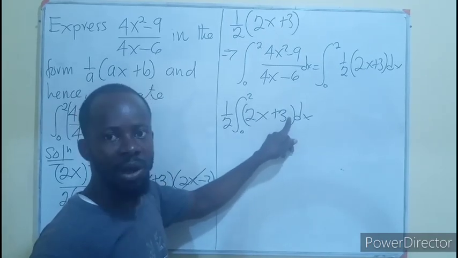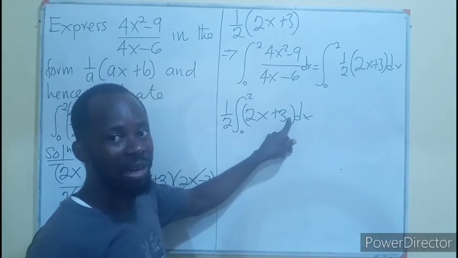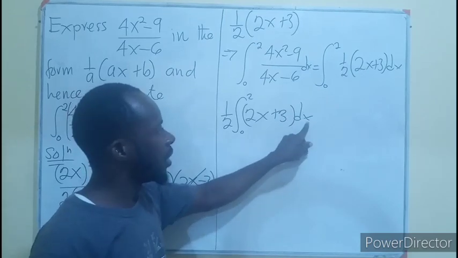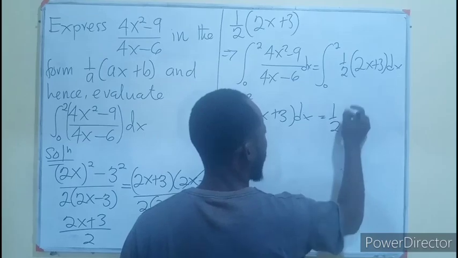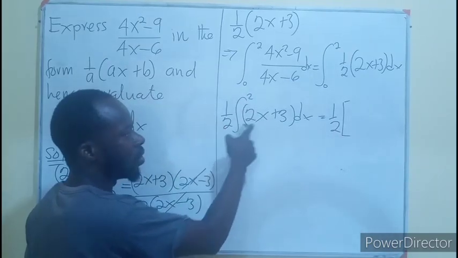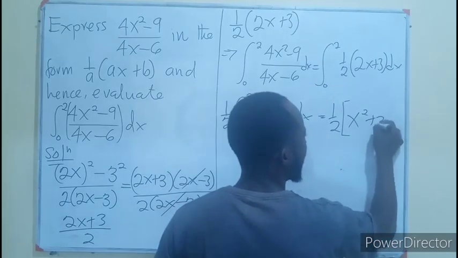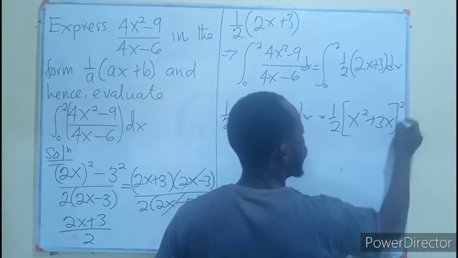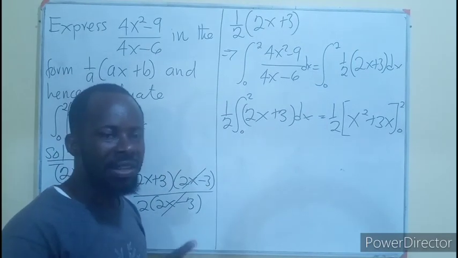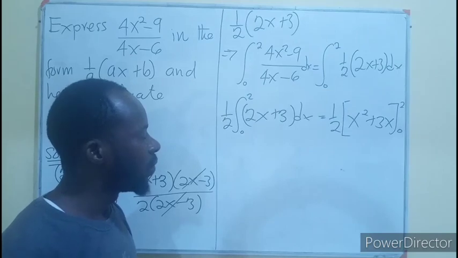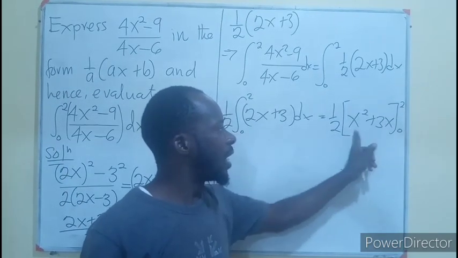If I have a constant and I'm asked to integrate it, we introduce the variable x to that part. So this is going to be 1/2, which is the constant, multiplying the integration: x² + 3x, from 2 to 0. We don't add the constant c because it is a definite integral.